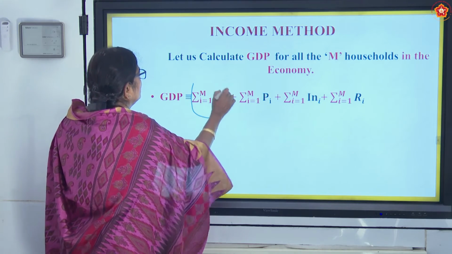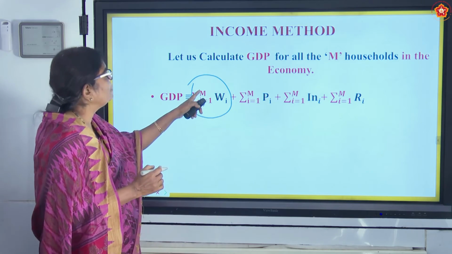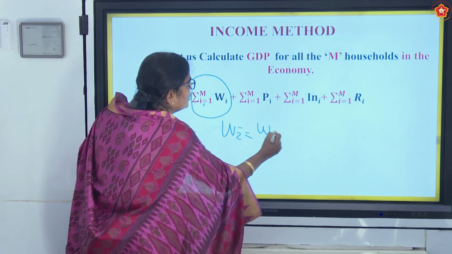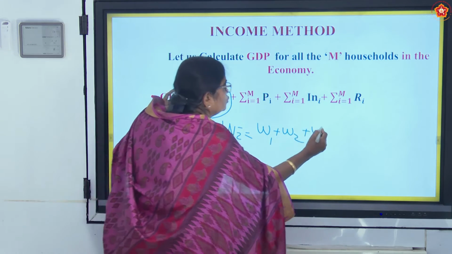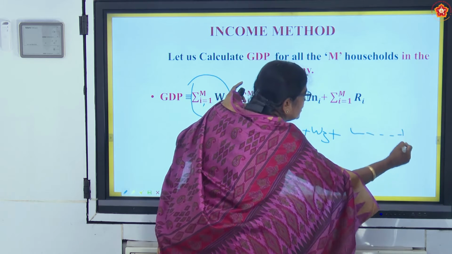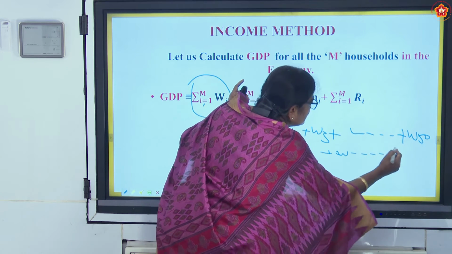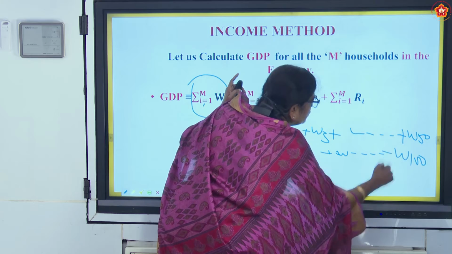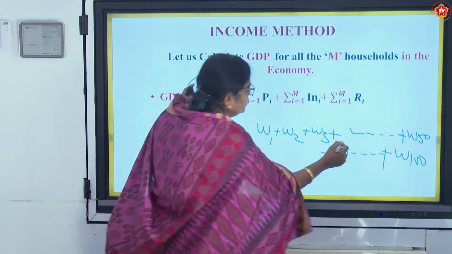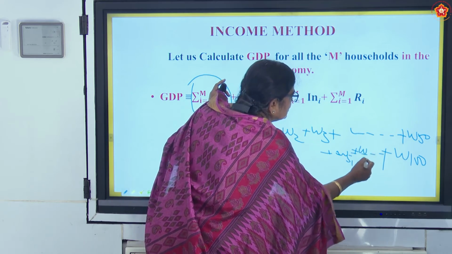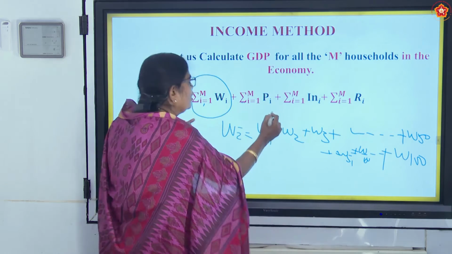Here we have written I from 1 to M. Therefore, WI, take any value: W1 plus W2 plus W3 plus, like that, plus W50 plus W51 plus W60, continuing like that up to W100.